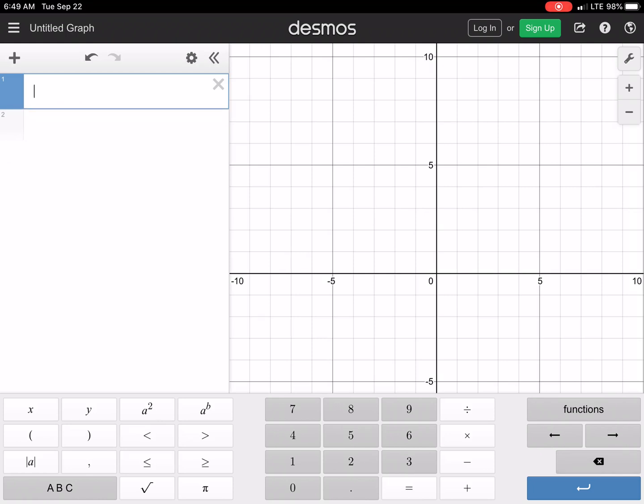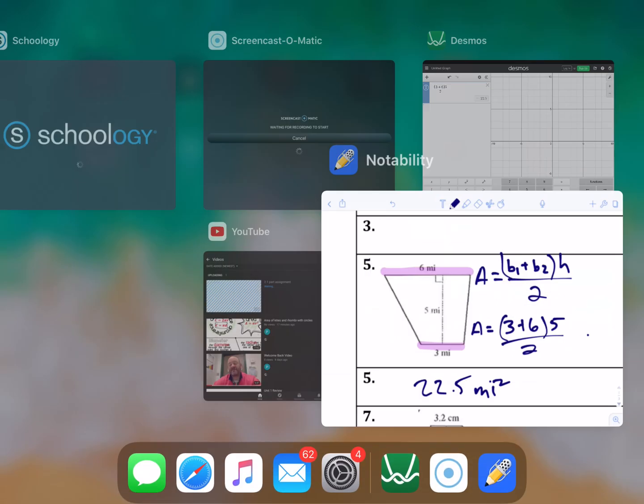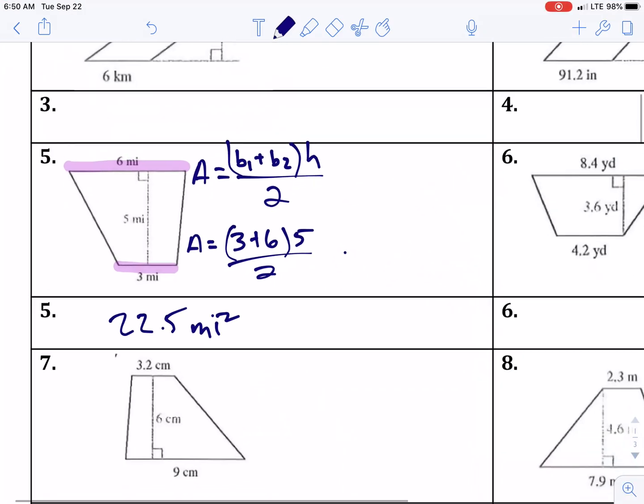If you want to just hit the division bar, that opens up, and then in parentheses do our 3 plus 6, and then times the 5 divided by 2, and it gives you your answer right there of 22.5. So it actually works pretty slick. You don't have to worry about order of operations, stuff like that, okay?